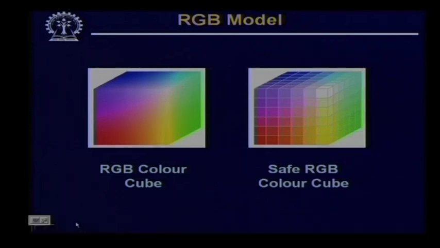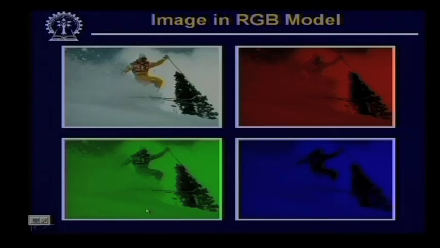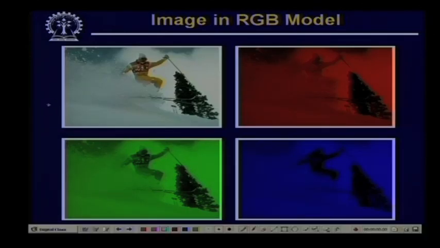It is quite obvious from this discussion that any color image will have 3 different color components: one for red, one for green and one for blue. If I take this particular color image, the top left image is a color image and the other 3 are its 3 planes.